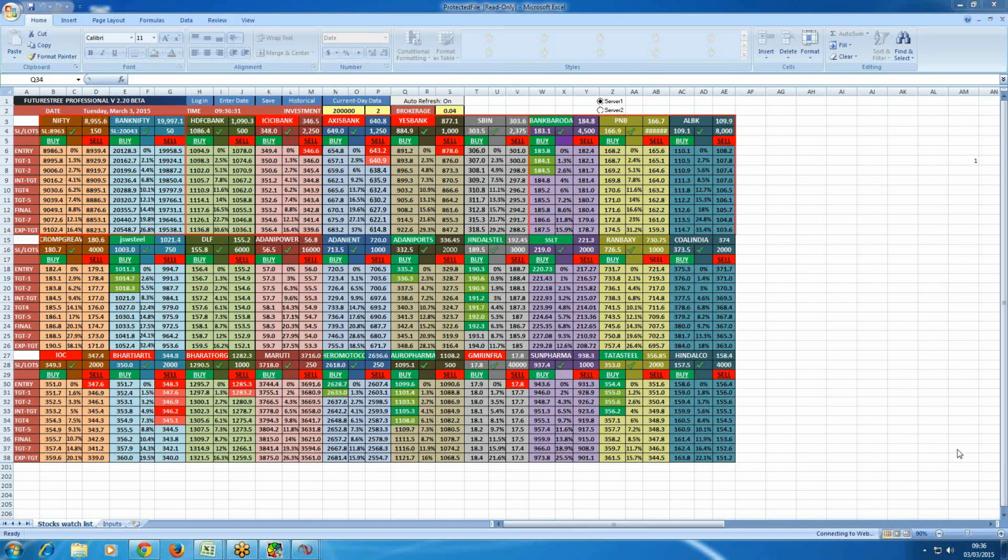Many people are asking me whether this can be done automatically. We don't have that system as of now. If you are a beginner, it might be a problem, but if you are already acquainted with the markets, then you can place the trades manually and book your profits also.